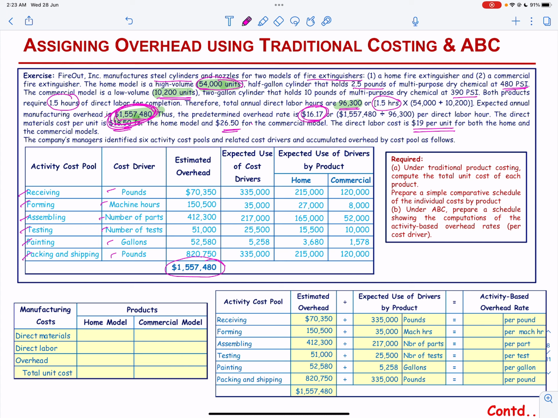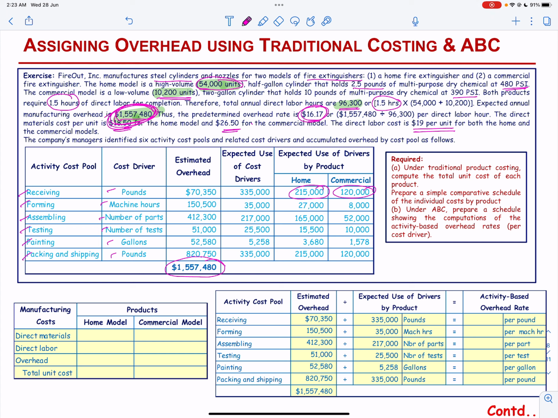Then the expected use of cost drivers is 335,000, given for each of the activity cost pools, and expected use of cost drivers by product is 215 and 120.